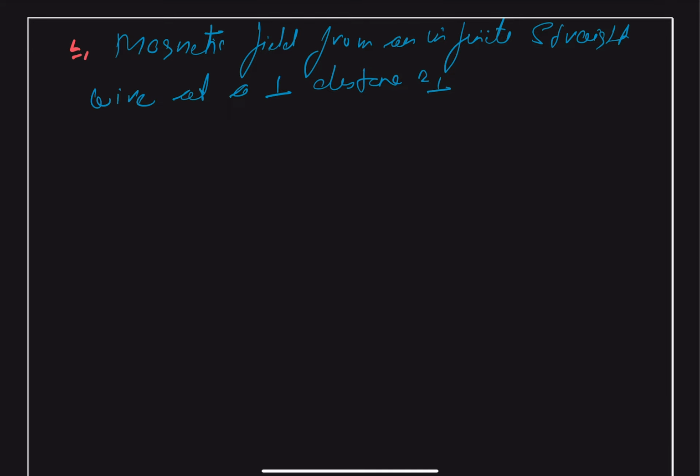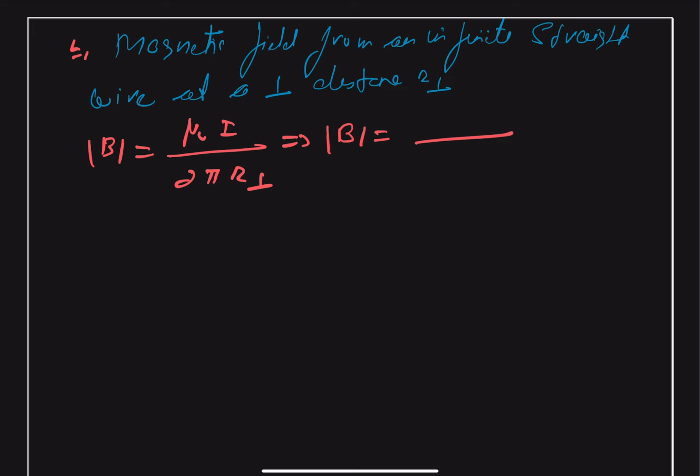So we can write that the magnetic field will be equal to mu naught I upon 2 pi r perpendicular. So this gives us the magnetic field equal to mu naught I1 upon 4 pi r, and the direction will be our positive z axis, z unit vector.